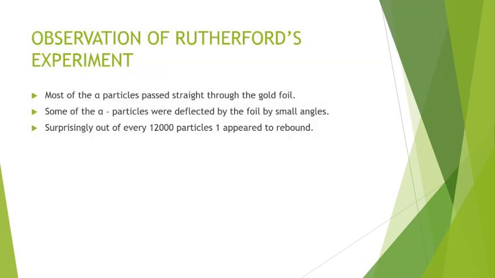The further observations that he made: most of the alpha particles passed straight through the gold foil. Some alpha particles were deflected by the gold foil by small angles. Surprisingly, out of every 12,000 particles, one appeared to rebound.